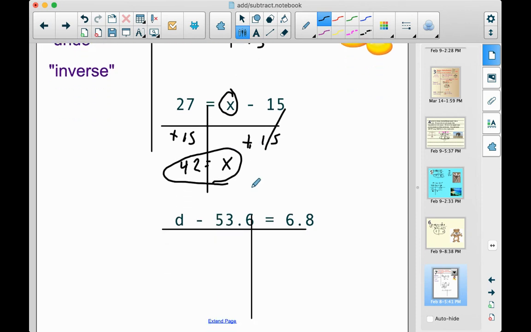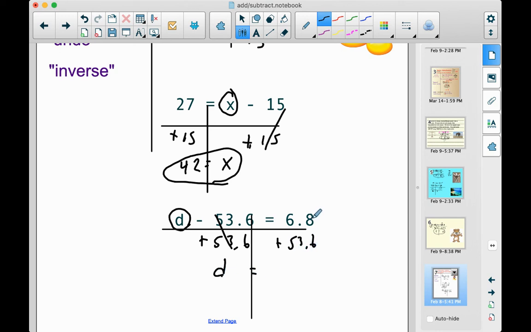Okay. So I got one with decimals here. Again, same idea. Don't let the decimals throw you. We know how to add and subtract those. Okay. So D is what I'm trying to solve for. We're subtracting 53.6. I'm going to undo that by adding 53.6. Okay. That cancels out. Gets D by itself.